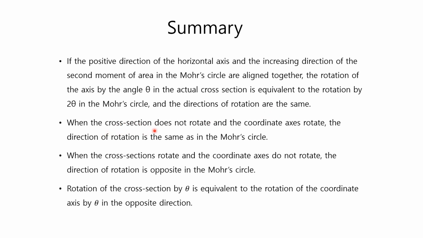When the cross-section does not rotate and the coordinate axis rotates, the direction of rotation is the same as in the Mohr circle. When the cross-section rotates and the coordinate axis does not rotate, the direction of rotation is opposite in the Mohr circle. Rotation of the cross-section by theta is equivalent to the rotation of the coordinate axis by theta in the opposite direction.